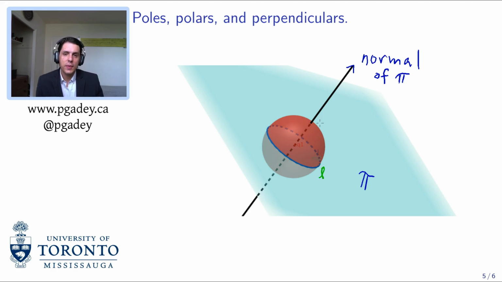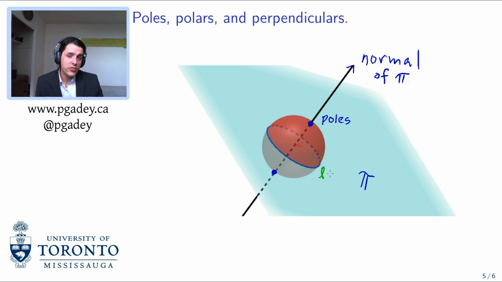And what we wind up obtaining is that there are two places where that normal vector will meet the sphere. Right, so these are the poles of the line L. Okay, we take the line L, and it determines for us these 2 points on the sphere, kind of the North Pole and the South Pole with respect to that line L.